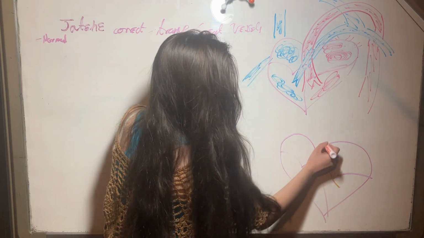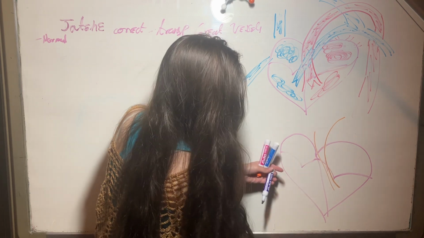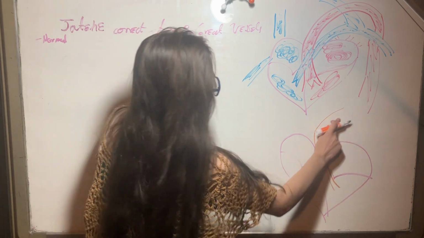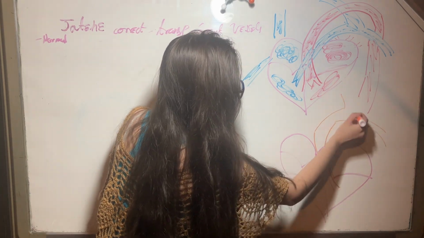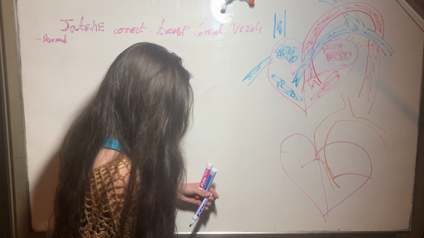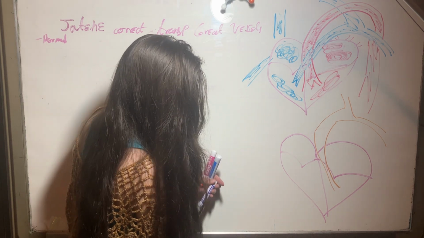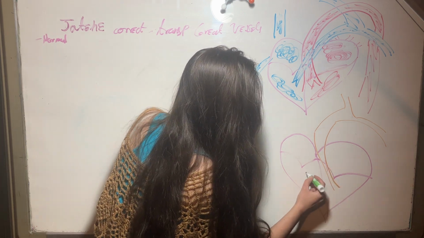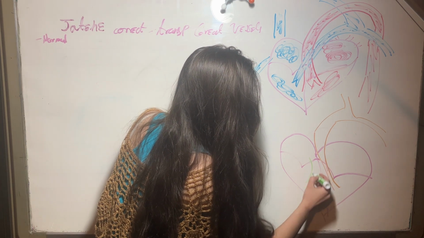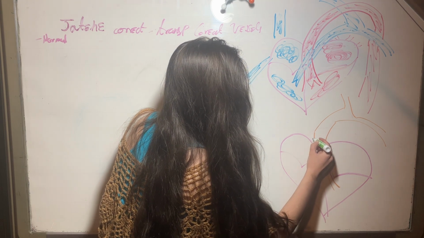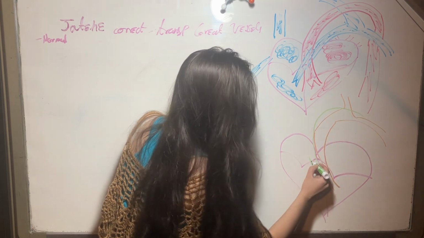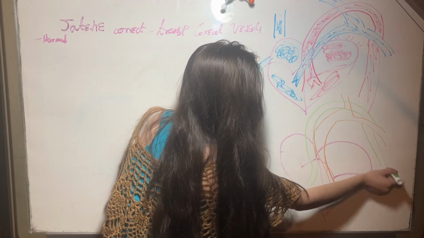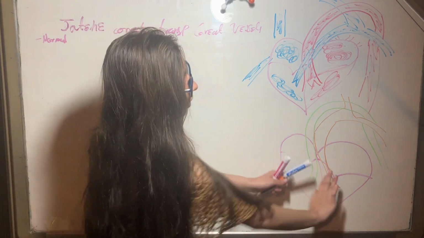So this is the pulmonary artery coming from the left ventricle, and this is the aorta coming from the right ventricle. So here we have two separated circuits.